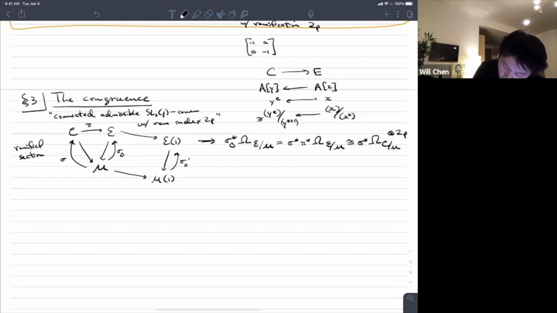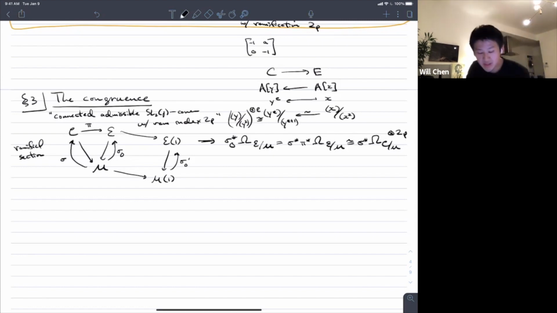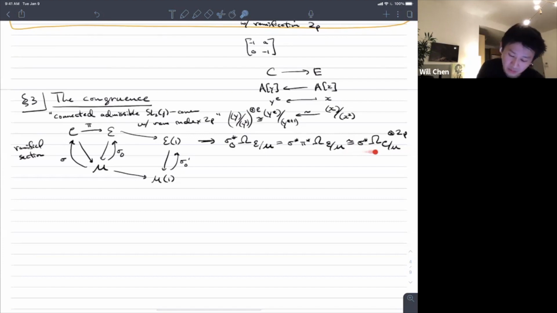And this is isomorphic to Y mod Y squared, all tensored to the E. Sorry, this here is an isomorphism. And by a standard exact sequence, this conormal sheaf is isomorphic to the restriction of the cotangent sheaf, and this Y mod Y squared tensor E is isomorphic to this. And so that's how you get this isomorphism.